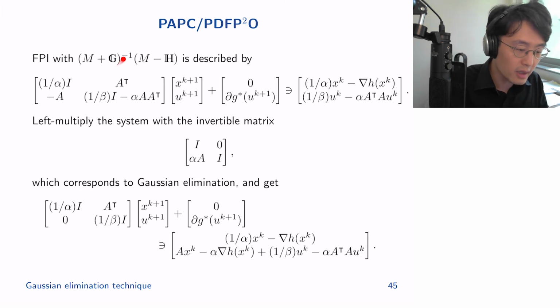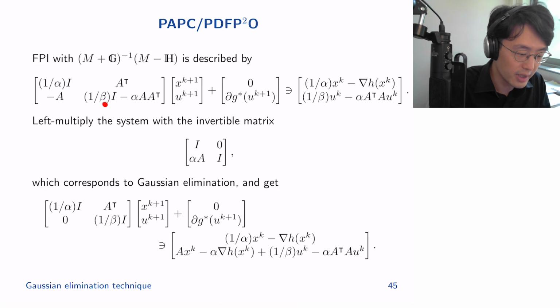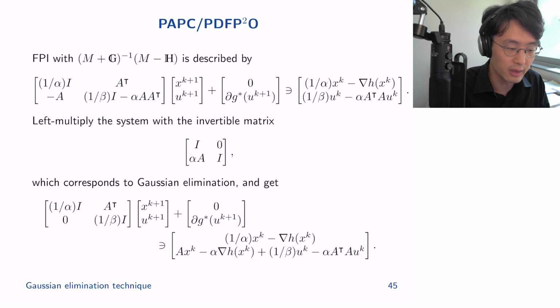And then here, instead of applying M inverse G directly, what we will instead do is apply M plus G to xk plus 1, uk plus 1, and leave it on the left-hand side for the moment. So this block diagonal component comes from the metric M, and these skew symmetric components come from the linear part of the operator G, and then the operator G has the subdifferential operator of g star, and that's what we have here.